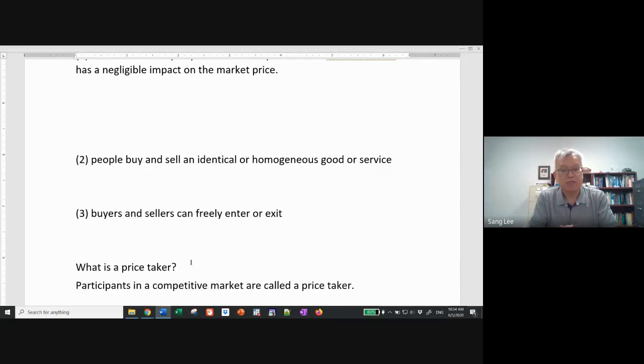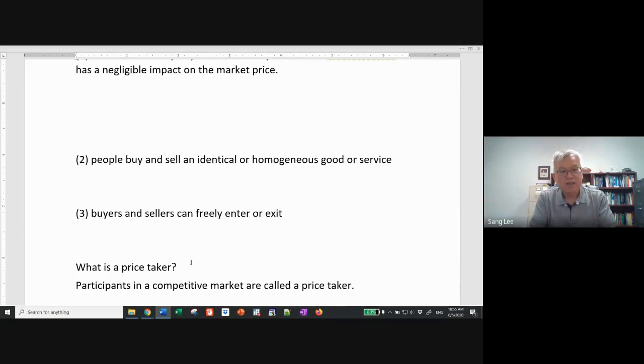Okay. So once again, when a market satisfies the following three conditions: first, so many buyers and so many sellers. So how many is many? No single individual buyer or seller can have any impact on the market outcome.